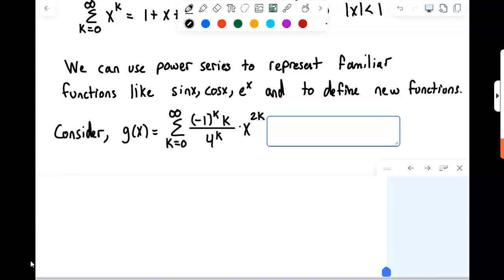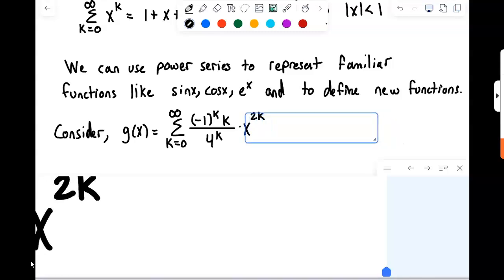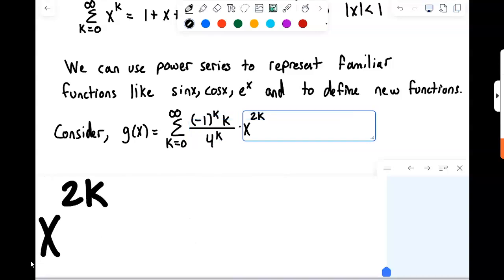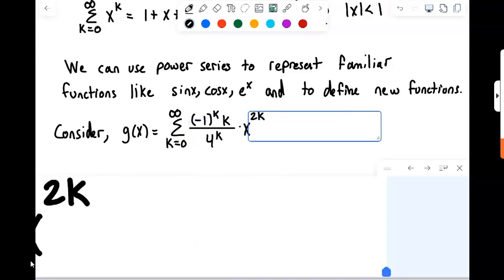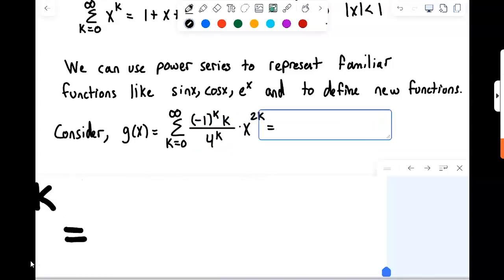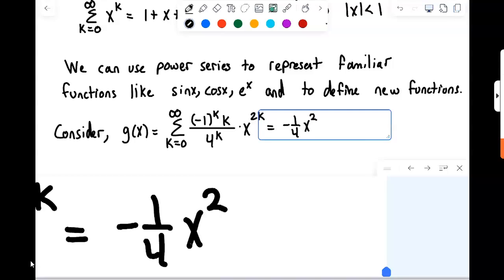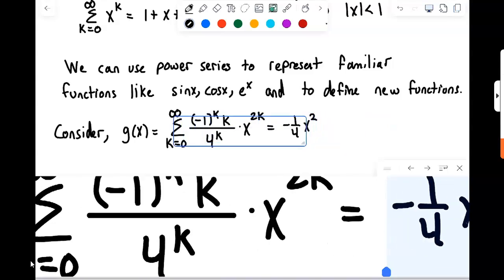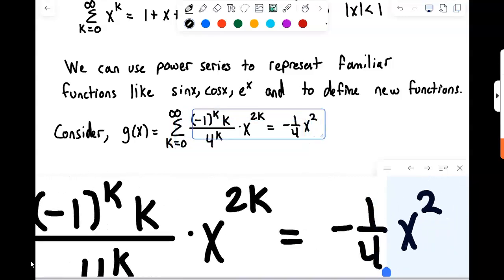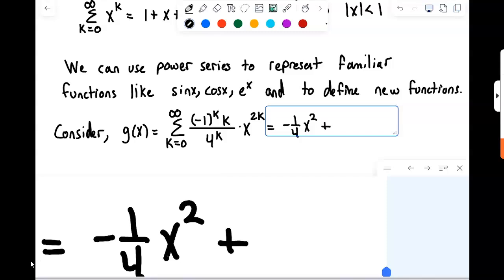And by the way, what do the first few terms look like? Well, if you plug in 0, the whole thing just zeroes out. So that's gone. If you plug in 1, that'll be minus 1 times 1 over 4 to the first. So that'll actually be minus 1/4 x to the 2 times 1, x squared. And then we go to k equals 2. It's going to be minus 1 squared, so that's just going to make it plus.